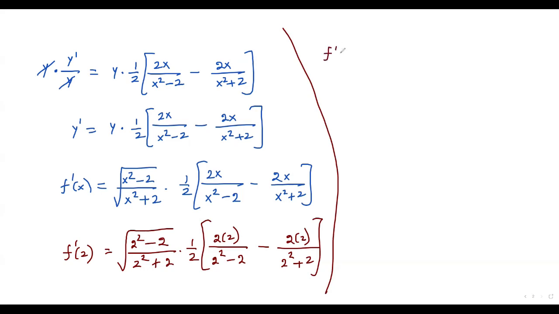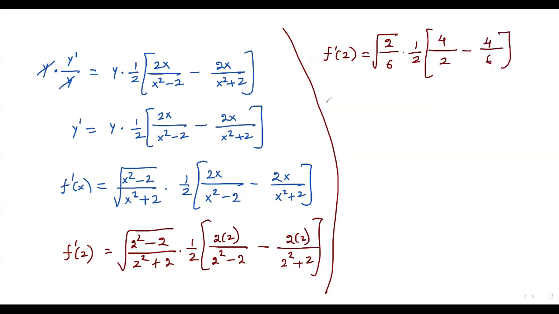So we have f'(2) equals square root of, so 2² is 4, minus 2 is 2. We have 2 in the numerator, and in the denominator 2² is 4, plus 2 is 6, times 1/2. Here 2 times 2 is 4 divided by 2² is 4 minus 2 is 2, minus 2 times 2 is 4 divided by 2² is 4 plus 2 is 6.